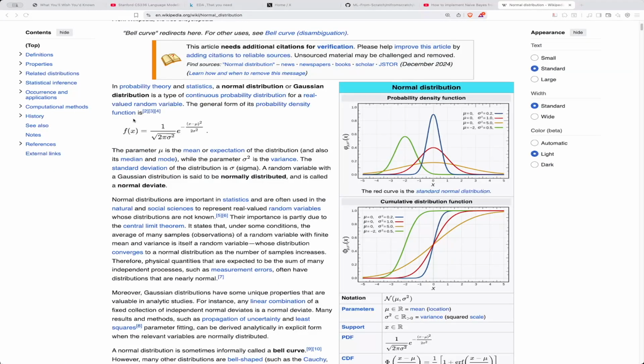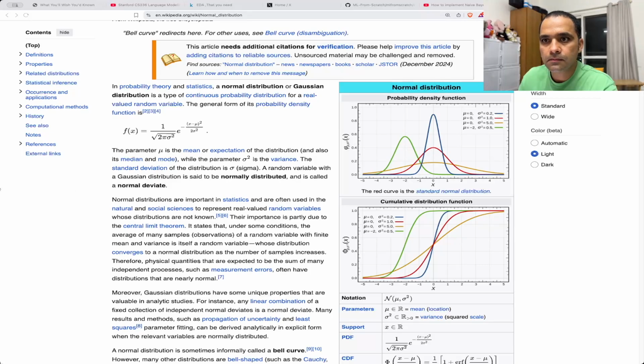Okay, so here's the Gaussian distribution function. You can see that it gives a distribution as 1 over, where mu is the mean of the variable, sigma is the standard deviation, and sigma square means variance. We'll use this formula to approximate a particular feature's values for a particular class.